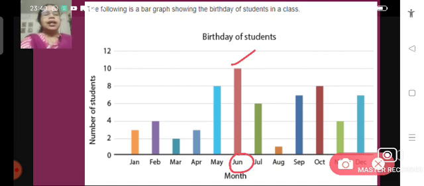Similarly, the minimum number of students have birthdays in the month shown by the shortest bar. It is the month of August. Also, the equal bars in the month of May and October tell us that an equal number of students have their birthdays in the month of May and October.